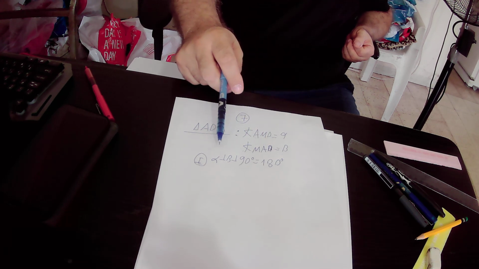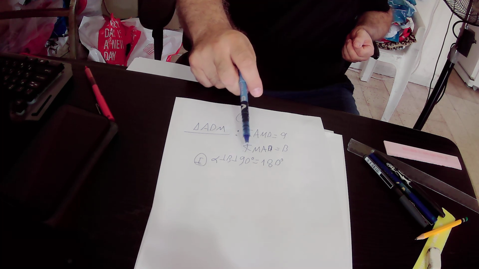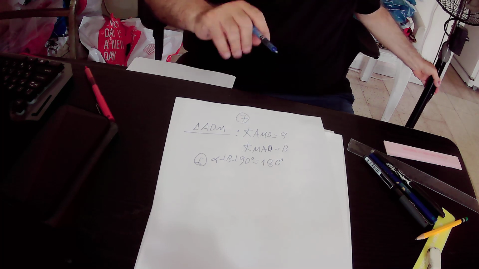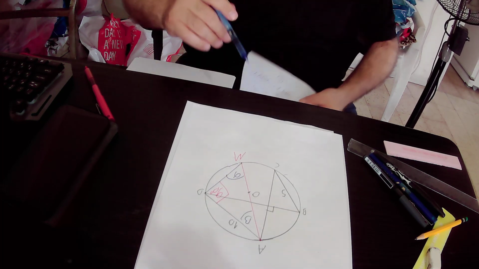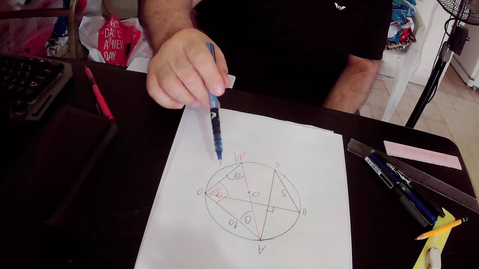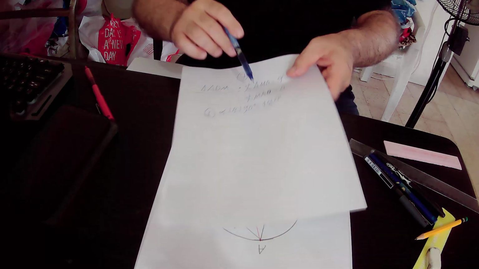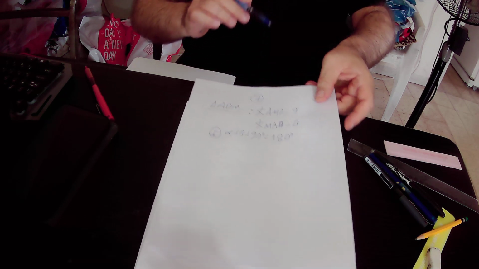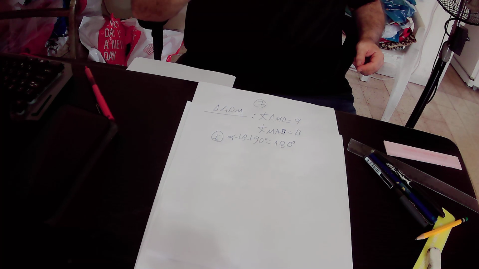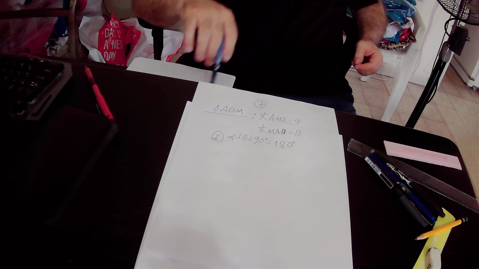That is to say alpha plus beta plus 90 degrees, that is the sum of the angles in the right triangle AMD, equals 180 degrees. It is true for any triangle in the world.